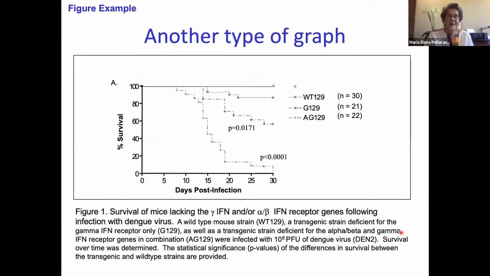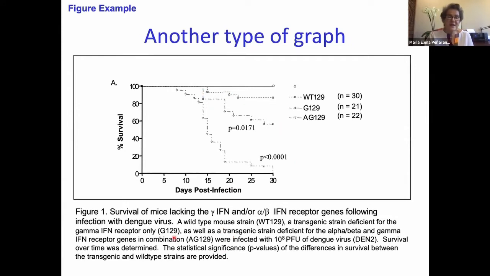This is a funny kind of way of showing the survival of mice when treated with dengue 2. So survival and days post-infection, so 0, 5, 10, 15 days, these mice didn't make it. They died really fast. And then these survive with these particular mutations.